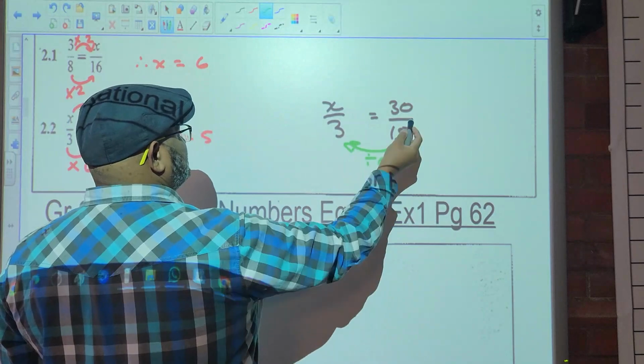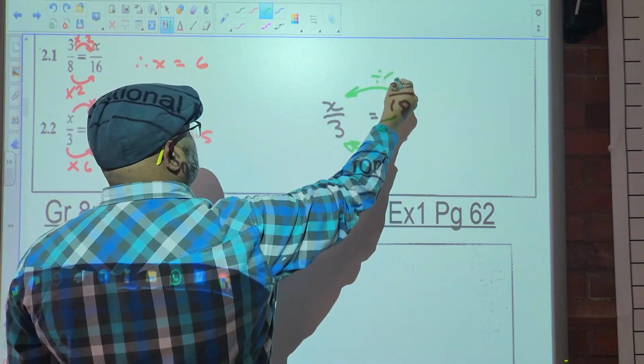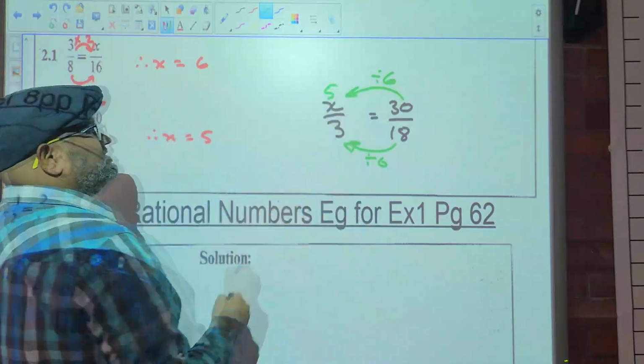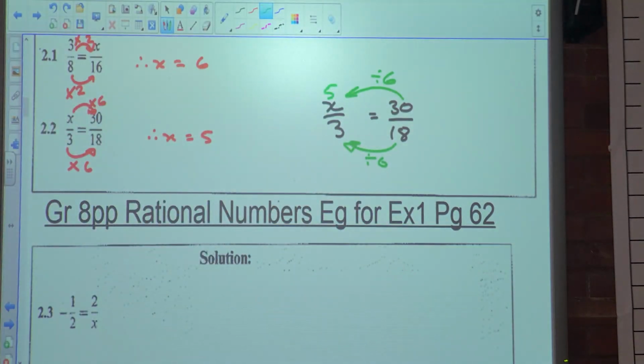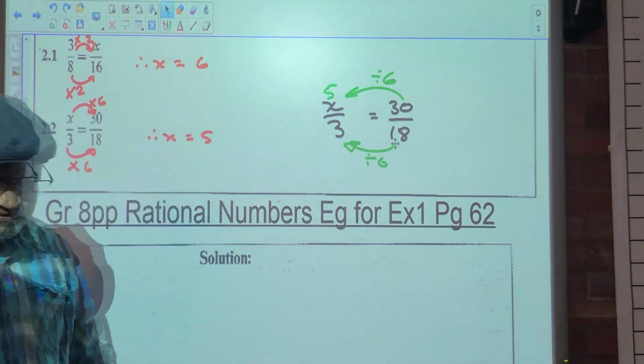You divide by 6. So I divide that also by 6. 30 divided by 6, of course, is 5. So either way, you should get the right answer. Okay, it depends how you see it.